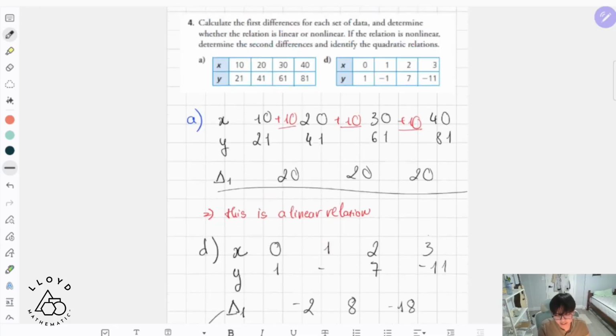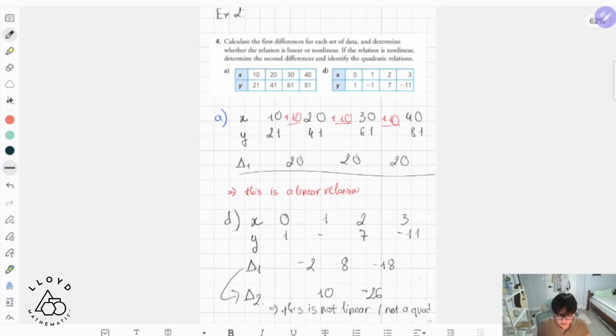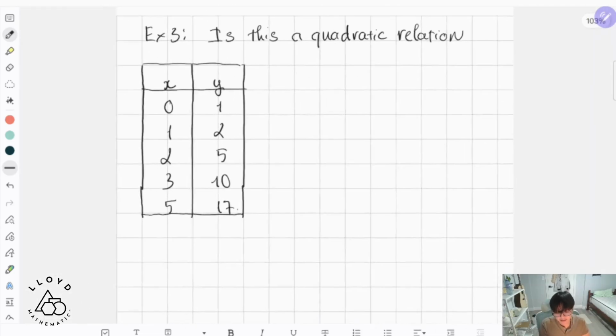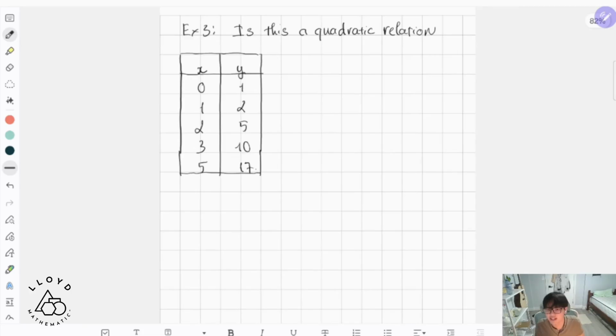Okay, so let's try another example. In this, the thing we need to do is just calculate the first differences and see whether they are the same. If they're not the same, we continue to calculate the second differences to determine whether it is a quadratic relation or not. Okay. So the last one: is this a quadratic relation?